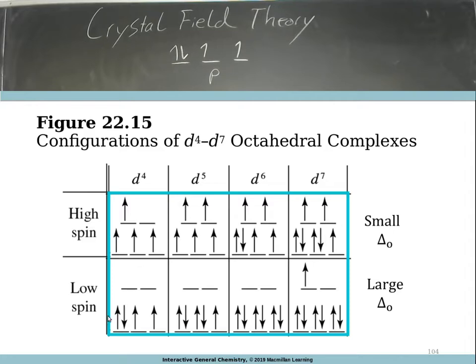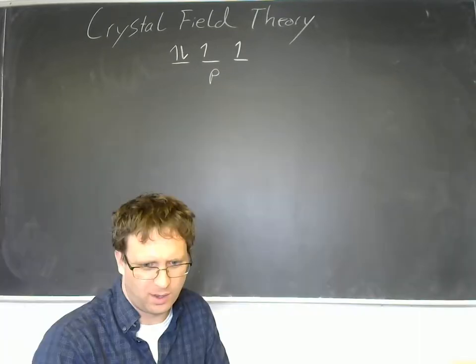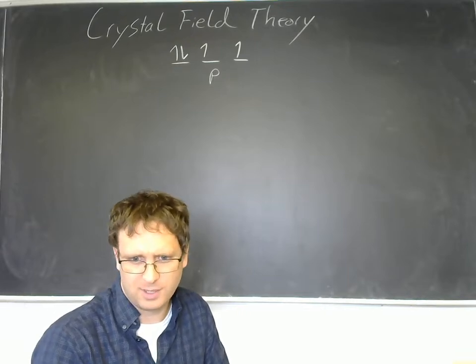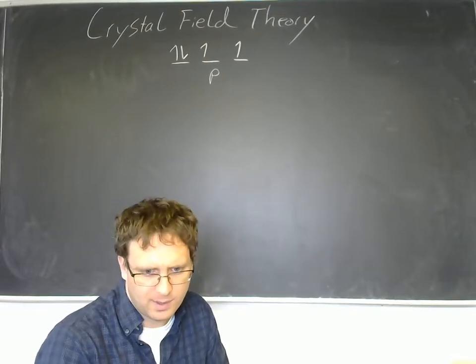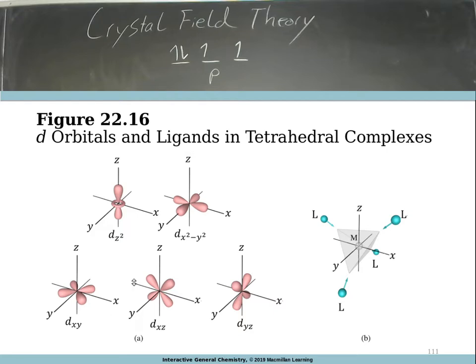Okay, and that is basically crystal field theory for octahedral complexes. So we'll go through the same thing with tetrahedral complexes and square planar. So in a tetrahedral complex, it's a little bit harder to kind of keep everything straight, but basically in this case it's the xy, the xz, and the yz that are more pointed toward the ligands and that are going to be higher in energy.